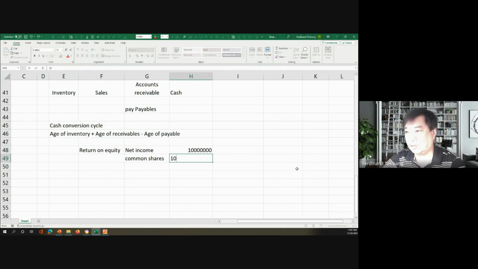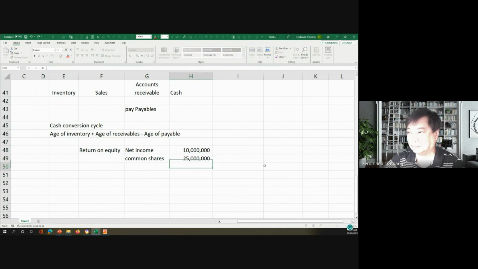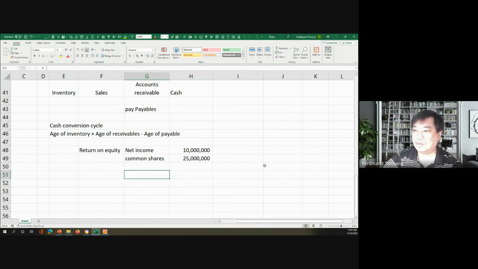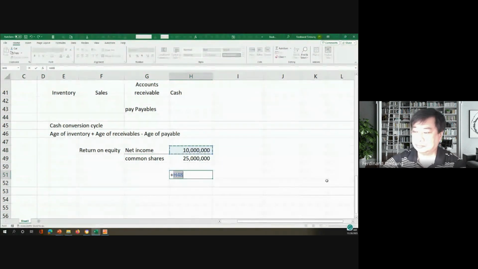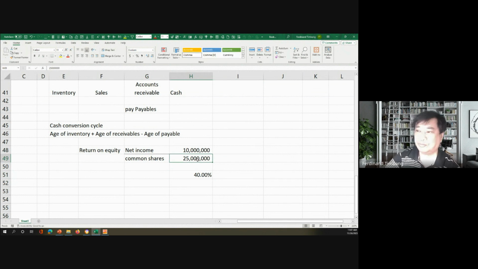And let's say we have 25 million shares. Ayan. So, yung return on equity natin using this formula is 40%.